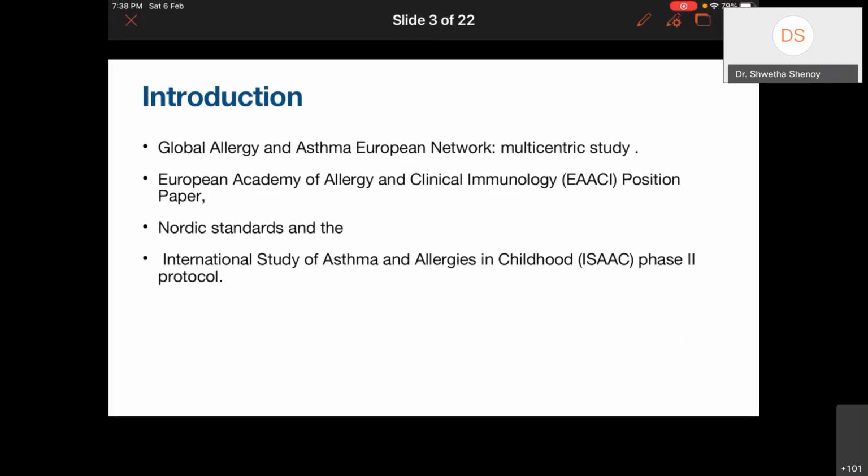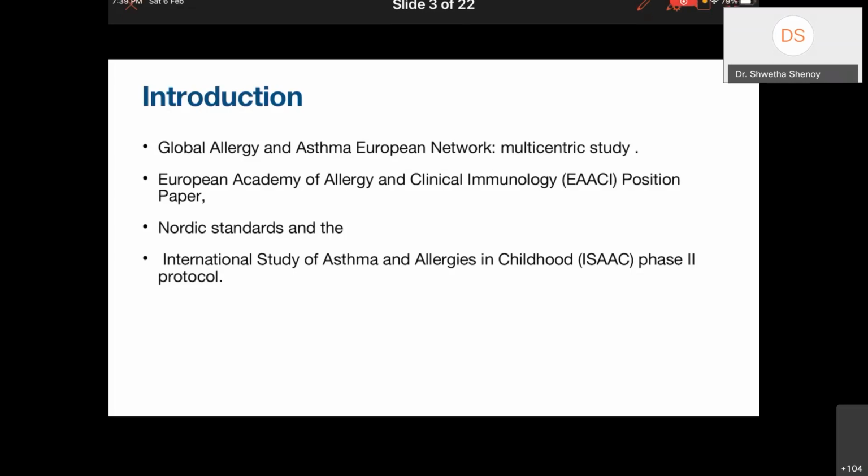So it was a combined observation from the European Academy of Allergy and Clinical Immunology, the Nordic standards, and also the ISAC, that is a phase 2 protocol in allergies. So they all came together and put forth very important practice guidelines on how we should do skin prick test, why we should do skin prick test, and how to interpret it.